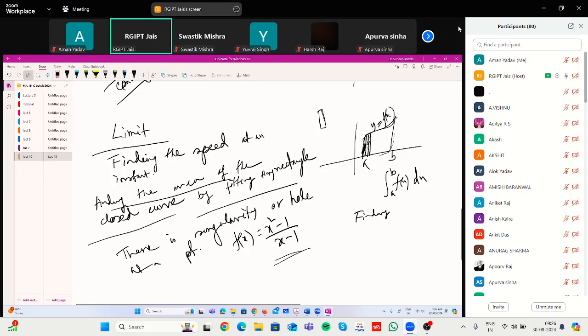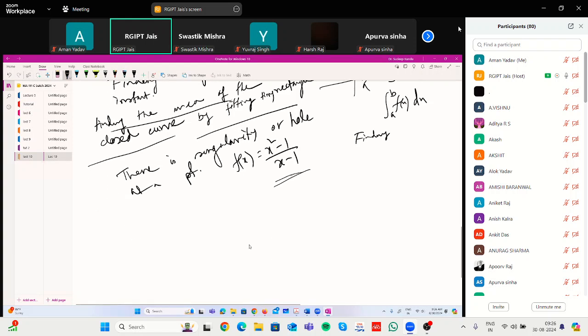Suppose with respect to time it varies, like suppose your f of t is some a t square. So we have to check, right? There in the denominator, suppose you put a small change h.